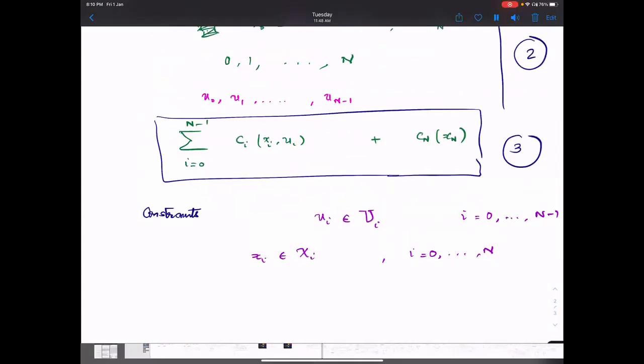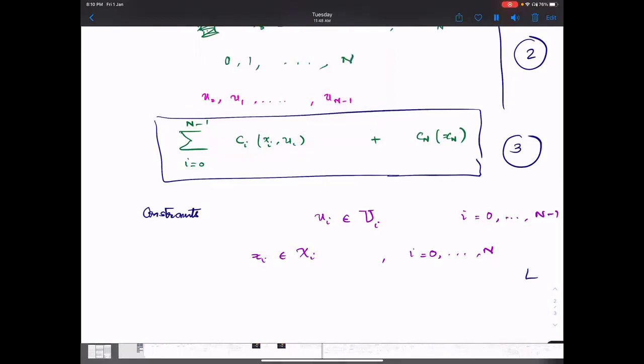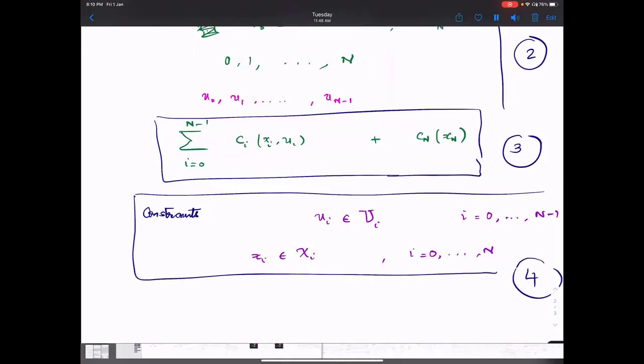Okay. Now, so this is number 4. Let's label this as the fourth. So that's the constraints. Also, bear in mind that the type of constraints I'm considering is at each stage. u_i belongs to the capital U_i set and x_i, the state, belongs to the capital chi_i set.